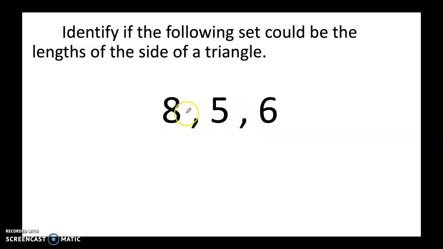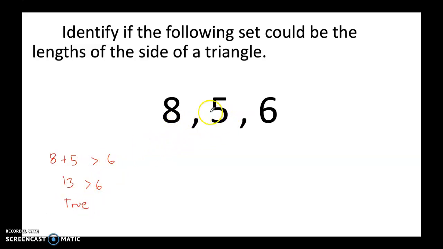So again, we should add any two and it should be greater than the third side. First, 8 plus 5 should be greater than the third side, which is 6. 8 plus 5 is equal to 13, greater than 6. And this is true.